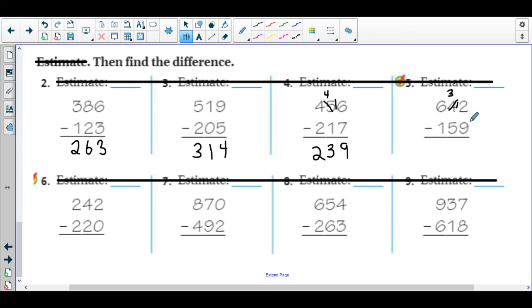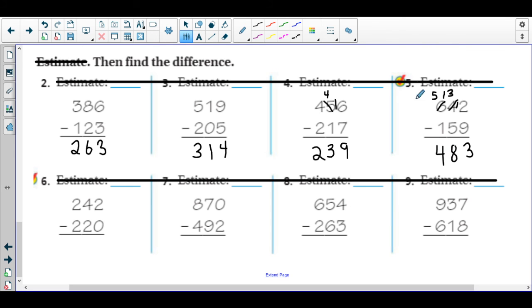So now 12 minus 9 is 3. Now, can I take 5 from 3? No, the 3 is smaller than the 5, so I need to borrow from my neighbor. I'm going to borrow 1 and then add 1. So now I've got 13 minus 5. That gives me 8. And then 5 minus 1 is 4.